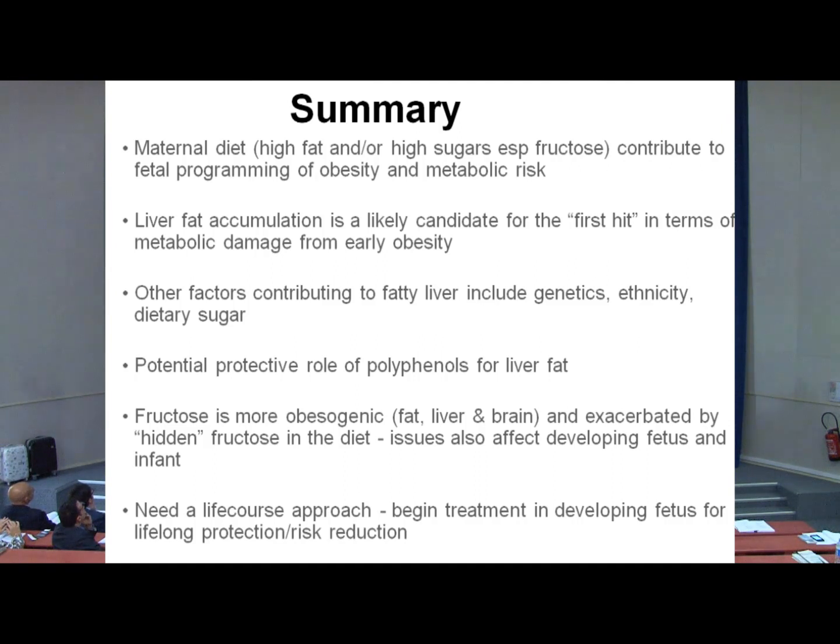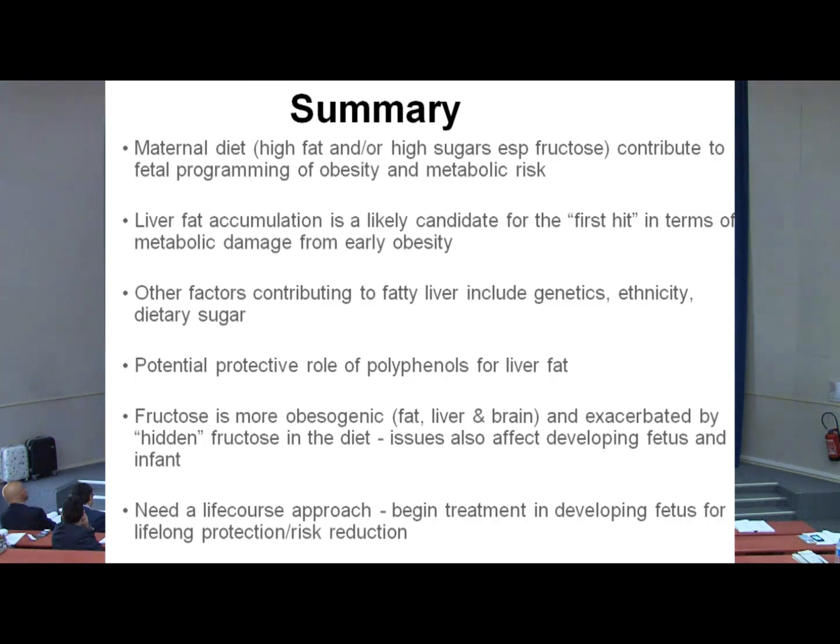Third, other factors contributing to fatty liver during life include genetics, ethnicity, and dietary sugar. There's some evidence, not in humans yet, but we need the data, showing a possible protective role of polyphenols from liver fat.